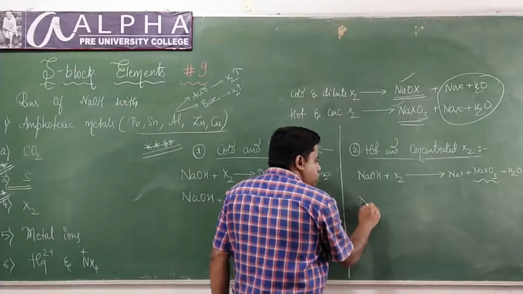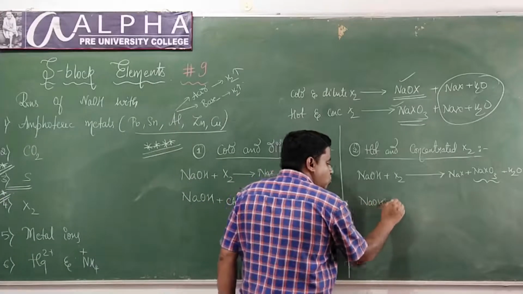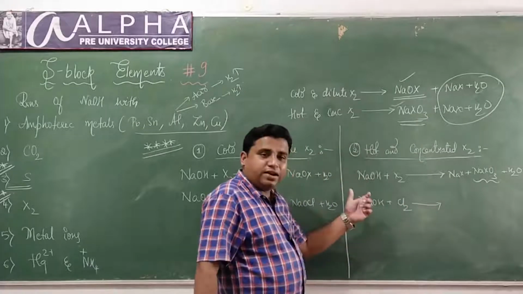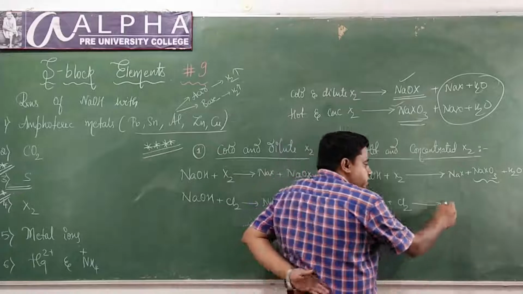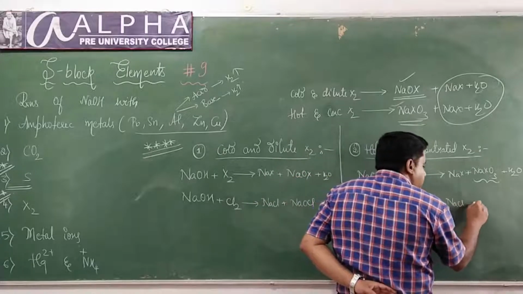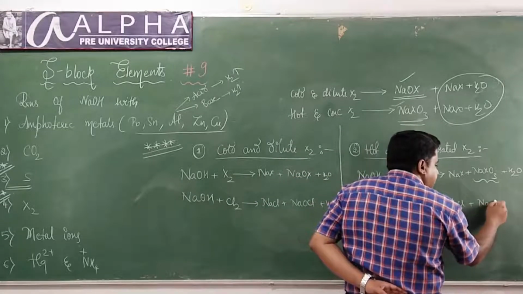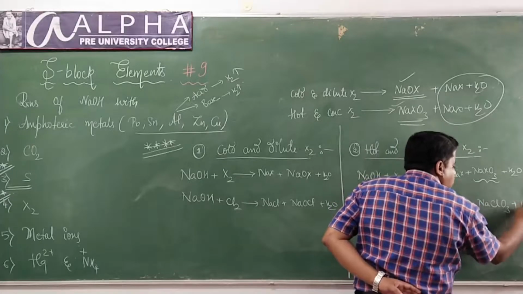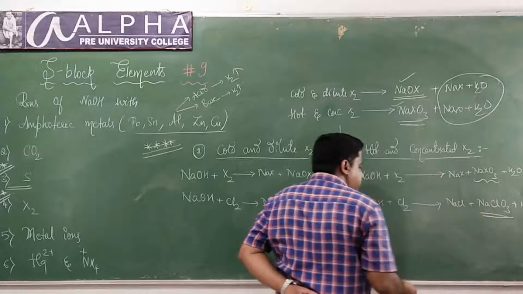Whereas what happens when chlorine reacts with hot and concentrated NaOH? It's going to form sodium chloride, NaClO3 plus water. Did you observe the difference?